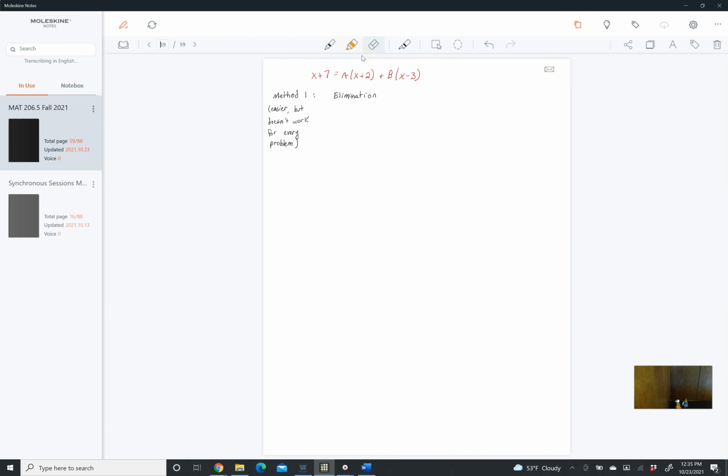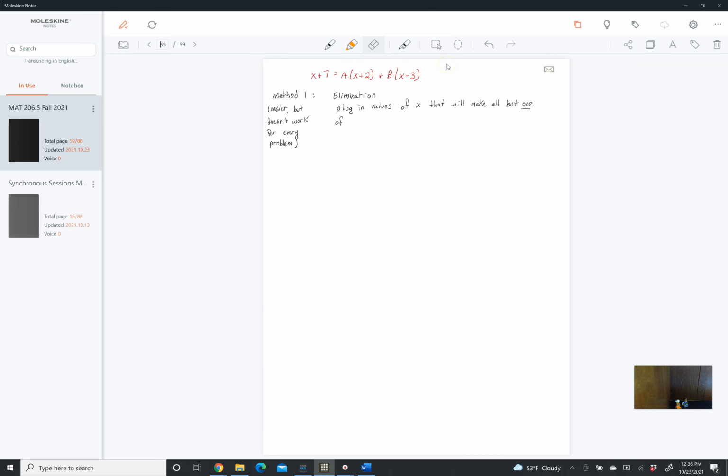So what we're going to do is plug in values that will make all but one of the constants disappear. And here we only have 2, okay? There are only 2 constants, a and b.